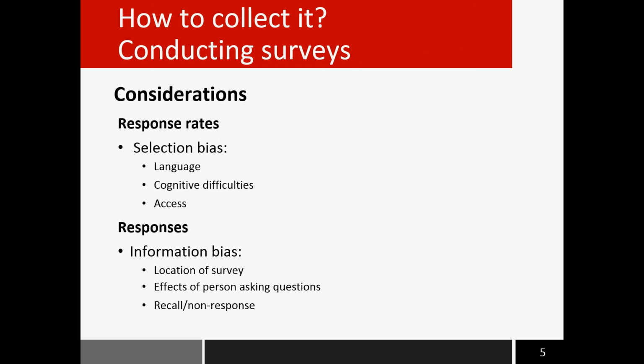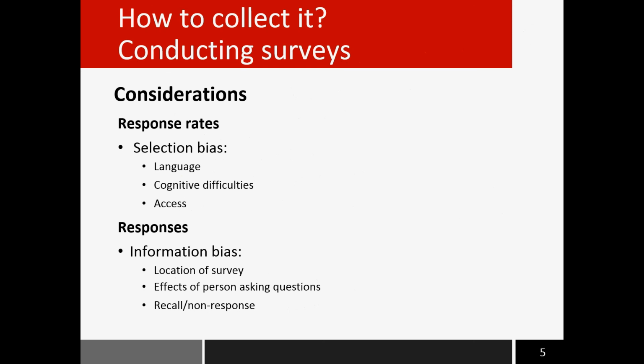It's important to bear in mind possible sources of bias arising during data collection. For example, your sample may not be representative of your target population due to difficulties in accessing the survey, so language barriers, cognitive difficulties, or other difficulties with accessing or completing the survey can all introduce bias into your sample.